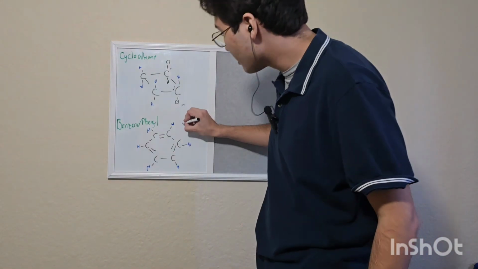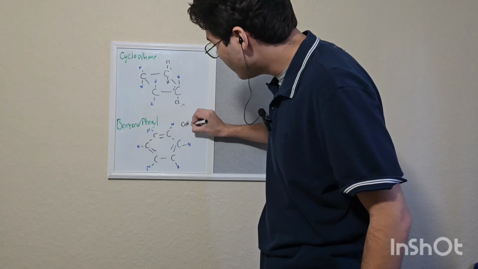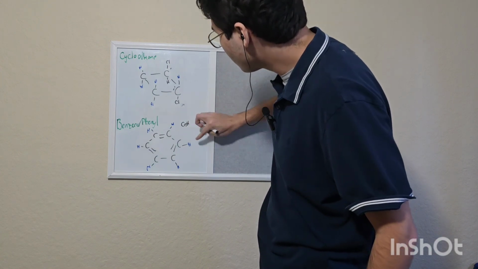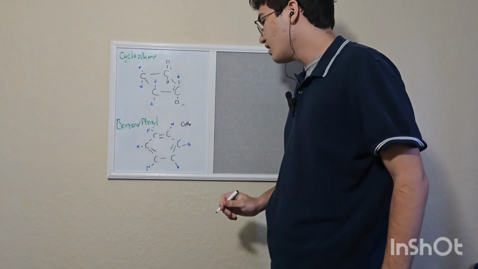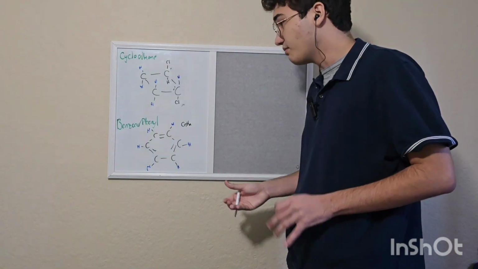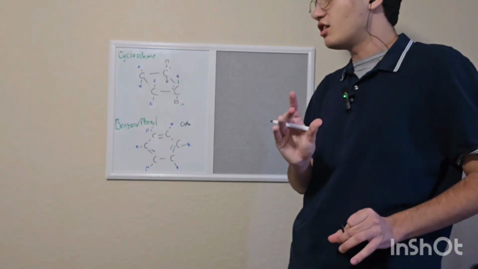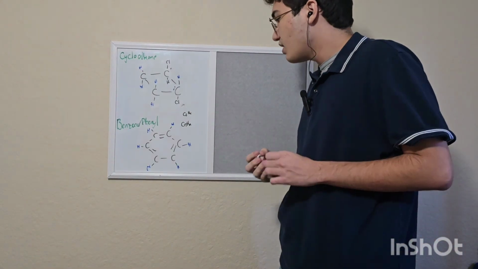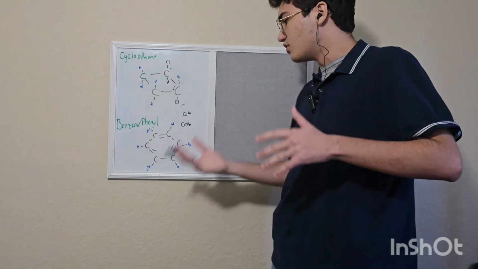This leads to it having CnHn, because as you can see, each carbon only has one hydrogen. And benzene will always be a C6H6.